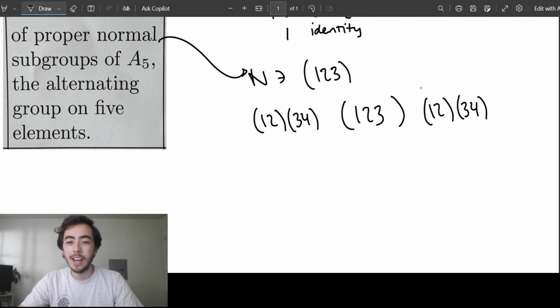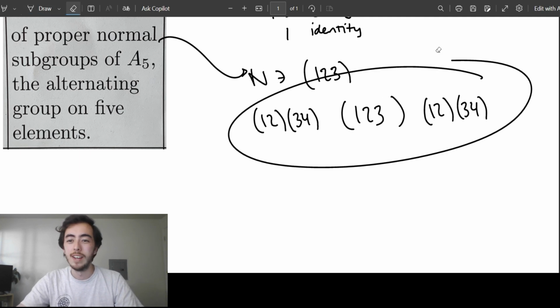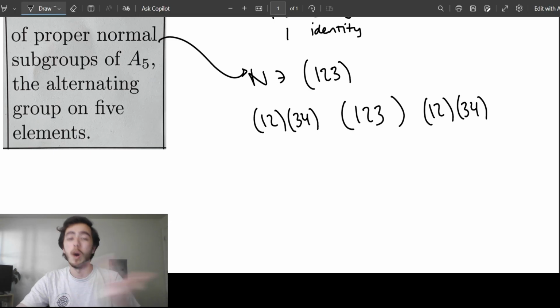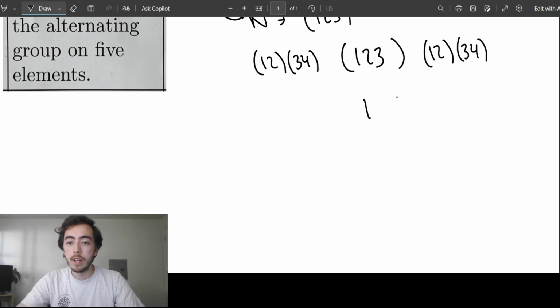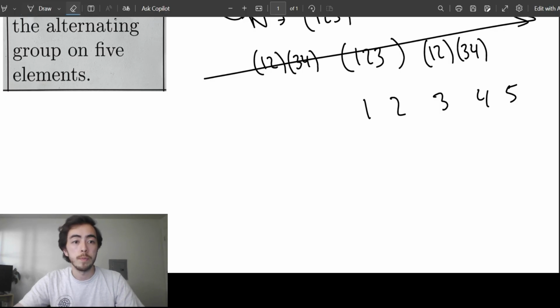So now we need to think, how do we compose all of these different swaps or inversions with each other? We could write out all of our numbers, 1, 2, 3, 4, 5, and then read left to right where these numbers go.